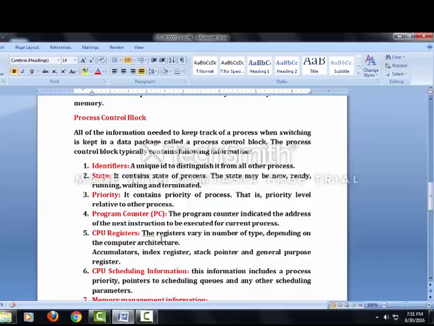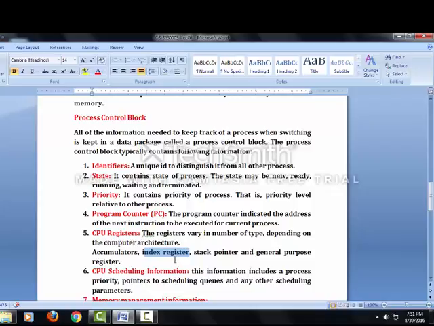The registers vary in number and type depending on the computer architecture. They may include the accumulator register, index register, stack pointer, and general purpose registers. For any arithmetic calculation, we prefer the accumulator register. For pointing to any index of an array, we use the index register.